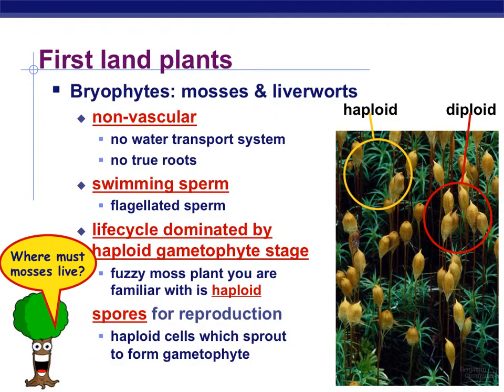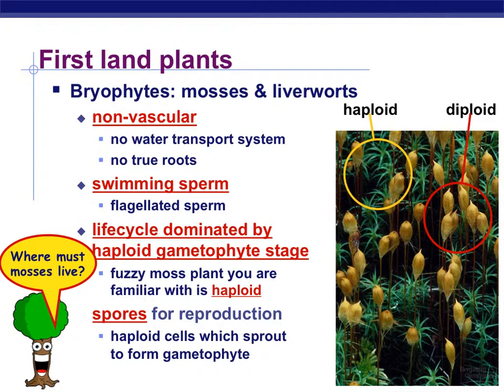So we did talk about the diversity of plant life a little bit a while ago, but really here, with the first land plants, the importance is to know that they were non-vascular. And really what non-vascular means is there has to be some give and take as to how they can nourish and find and deliver water to all of their cells.